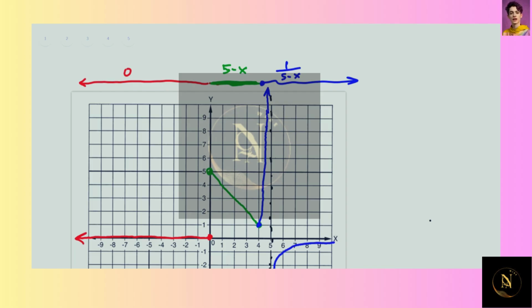You notice that as we approach 5 from the right, at 1 over 5 minus x, we'll have negative infinity. And these were all graphs that we're familiar with from earlier in the text. So there's our graph, and that completes part B.